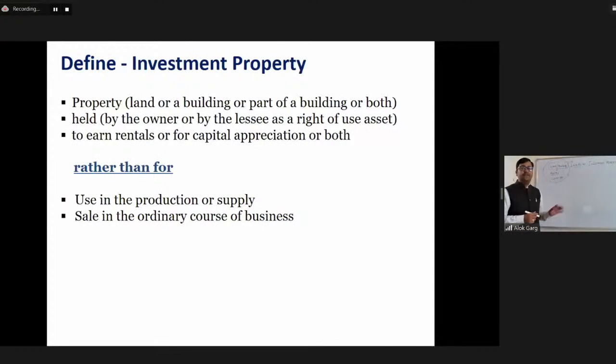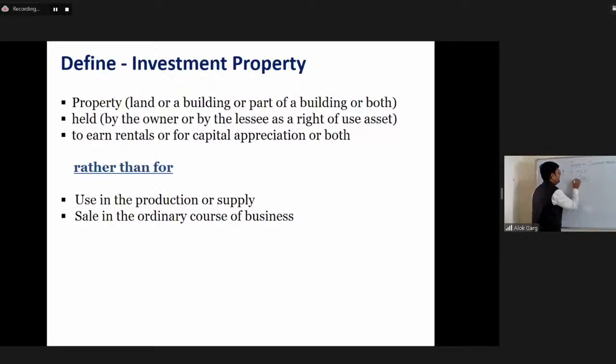So let's discuss the definition of investment property. Investment property is land or building, which is held. Held by whom? Held by the owner.